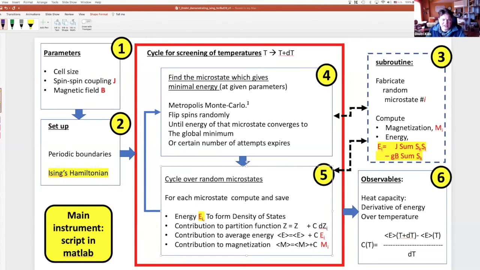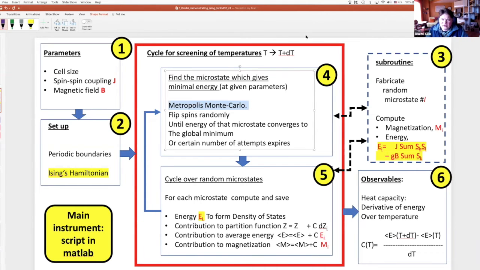To find the ground state, one just needs to perform an optimization procedure. Randomly select, same as in VASP, where the code starts with random density, random wave functions, and then starts a converging procedure, changing it here and there until energy minimizes. Here, one just flips spins, finding such a configuration of spins that minimizes energy.